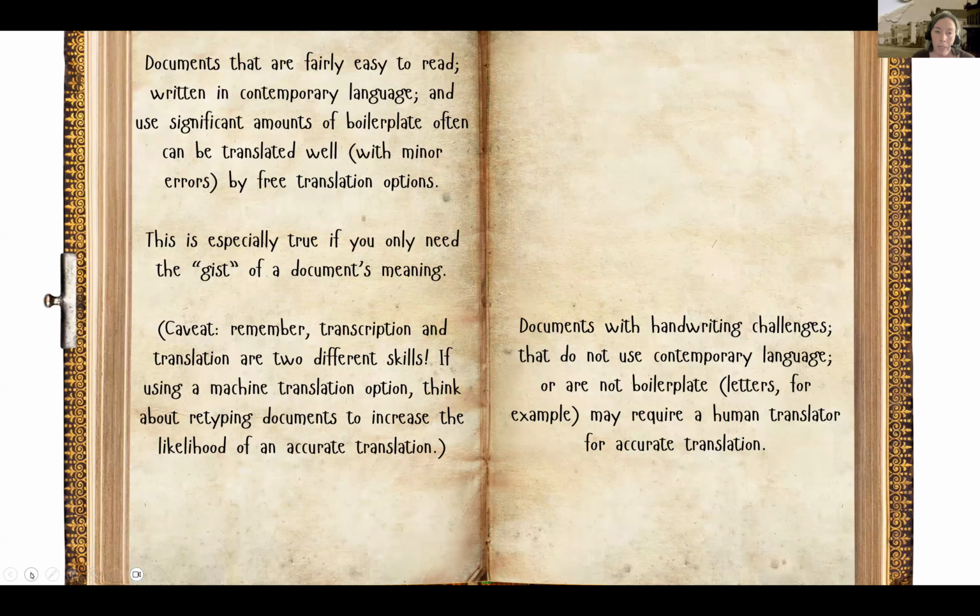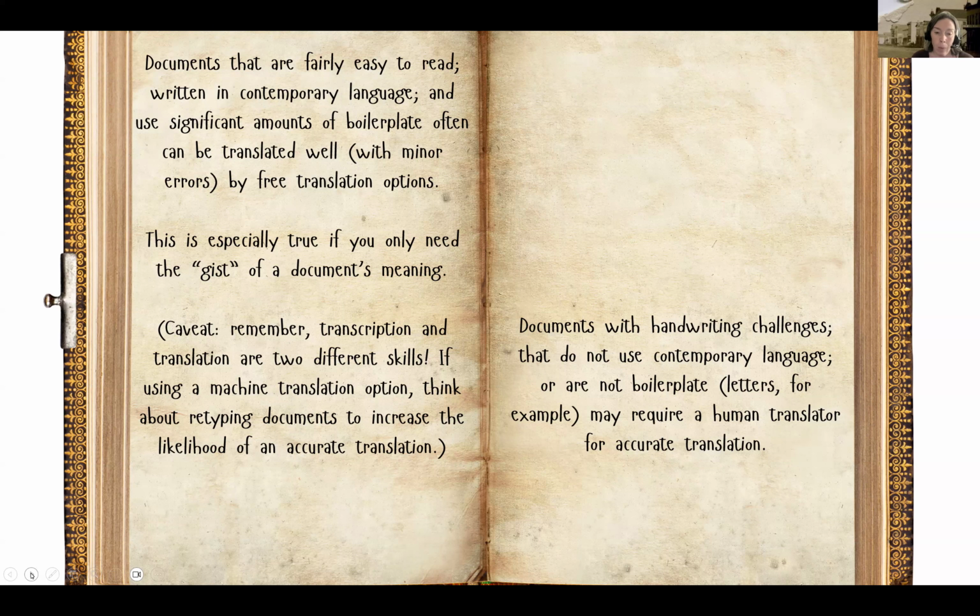Documents that are fairly easy to read, written in contemporary language, and that use significant amounts of boilerplate often can be translated well. There will still be minor errors, but generally probably 95% accurate with free translation options. This is especially true if you only need the gist of the document's meaning.